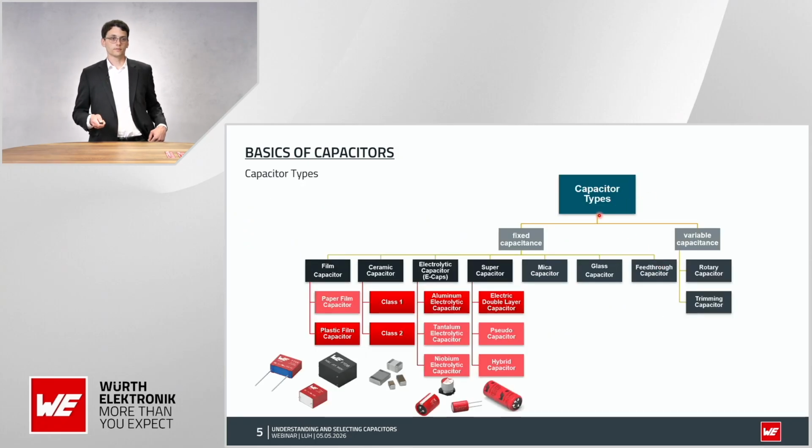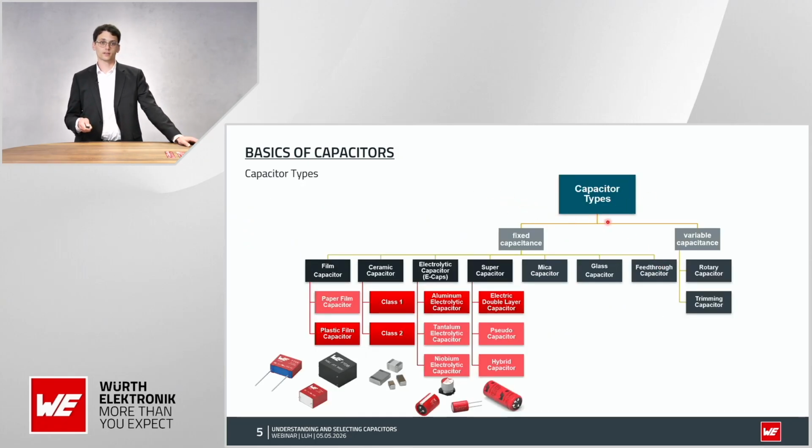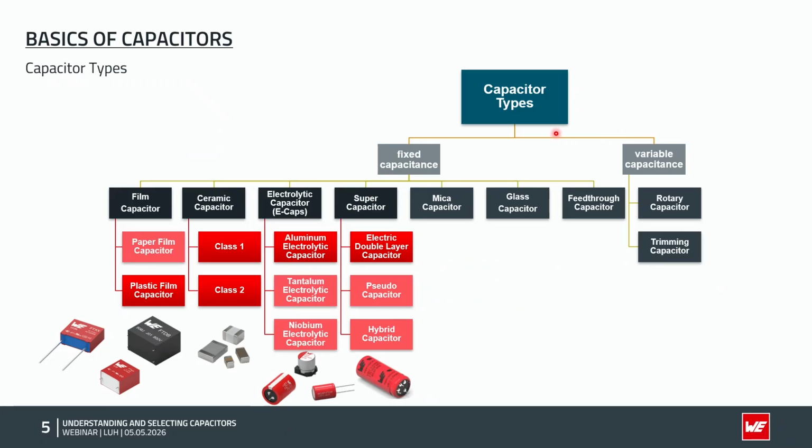So there are different capacitor types on the market, such as fixed capacitors, or capacitors with a fixed capacitance, and also capacitors with a variable capacitance. We will mainly focus on the fixed capacitors, because variable capacitors are not our focus at the moment.